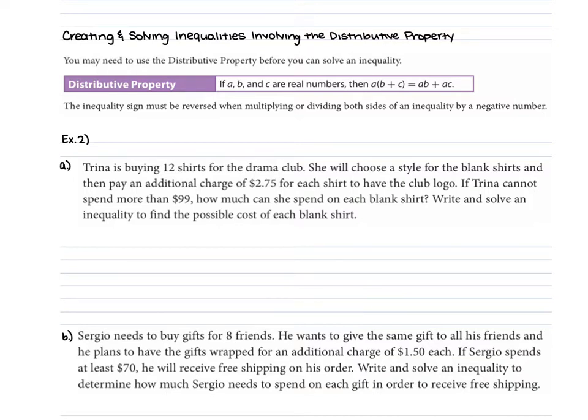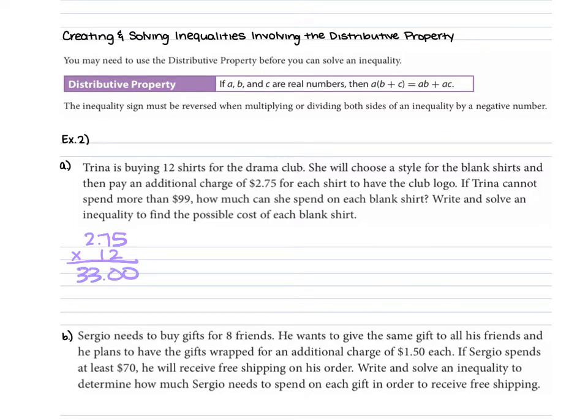If she cannot spend more than $99, how much can she spend on each blank shirt? First we have to find out how much the logo would cost for all the shirts, so we take the $2.75 and multiply it by 12. We get $33 if we multiply these two.